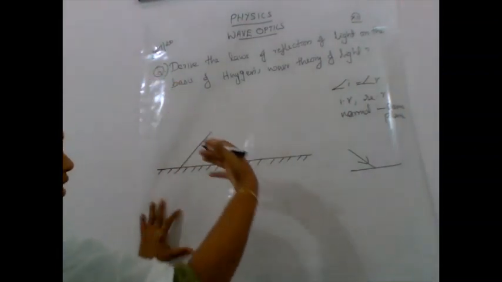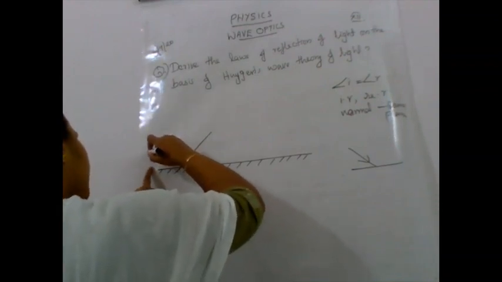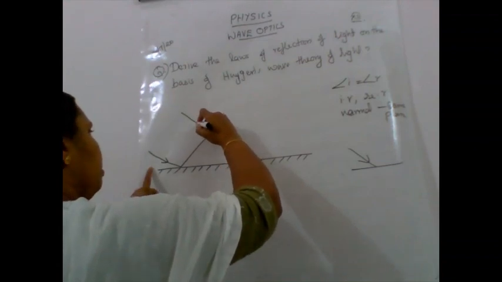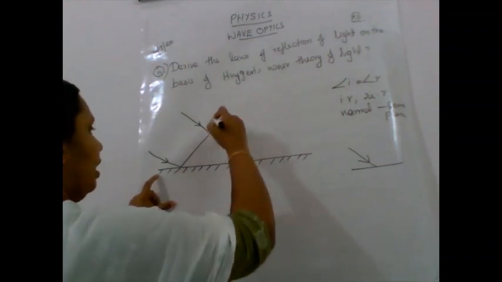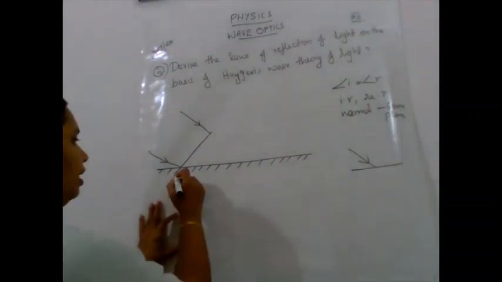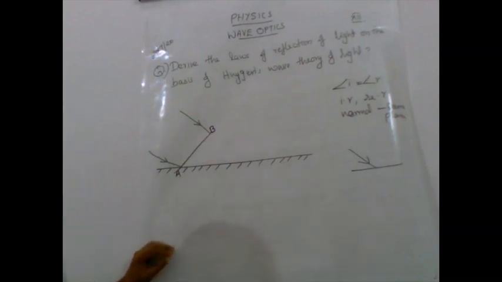That is from the origin. We have seen how the wavefront is propagating. Okay, so this is the wavefront and we can represent the direction with a ray. So it is coming from infinity. So the parallel line gives the direction. Okay, so this is the wavefront and I am naming it as AB.